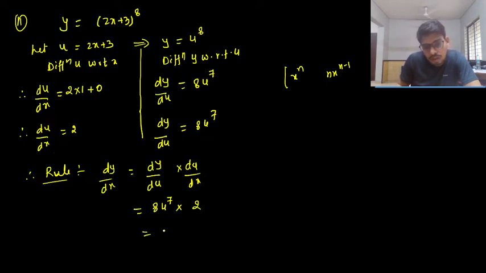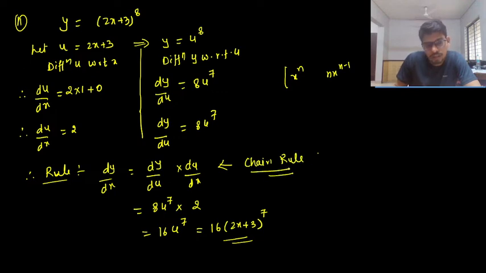So it is total equal to 16 u power 7. But initially we assumed u as 2x plus 3. So it will be 16 times 2x plus 3 power 7. I hope you have understood this method, you have understood the chain rule.